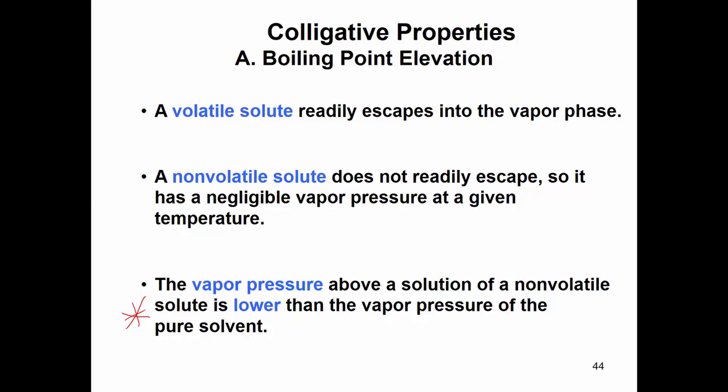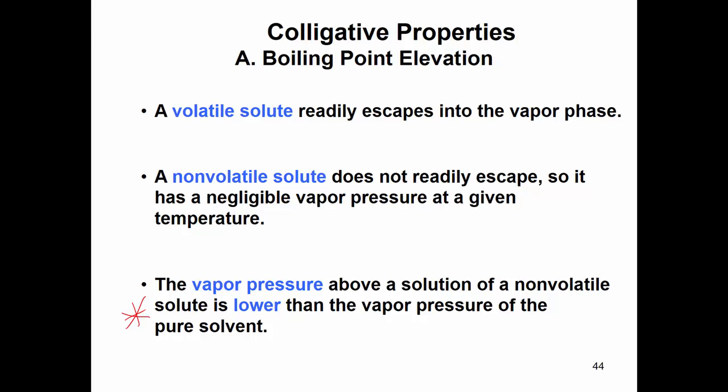If you have a non-volatile solute, that means it does not want to escape. If it's not wanting to escape into the gas phase, then it has a low vapor pressure. It's not building up pressure because it's not volatile.